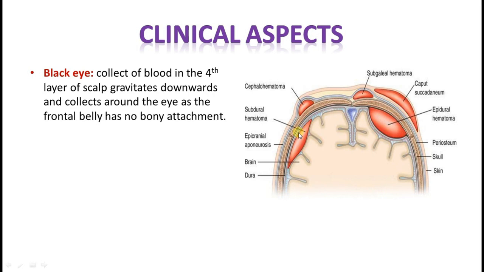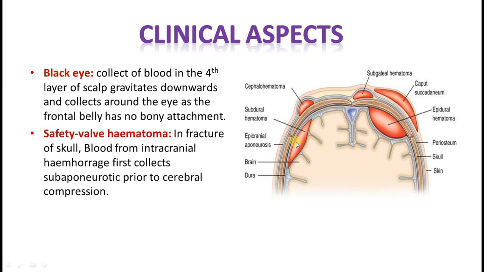So subdural hematoma is deep to the dura mater, or epidural hematoma is between the bone and the dura mater. So these all take place in fractures of the skull. Subdural hematoma, epidural hematoma, mainly in the fractures of the skull.